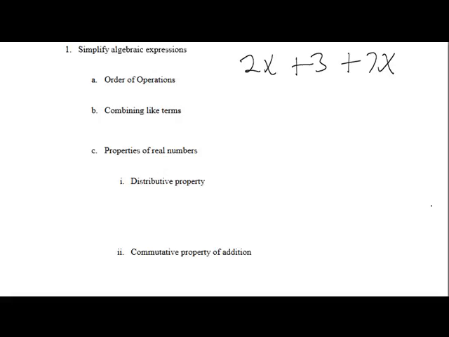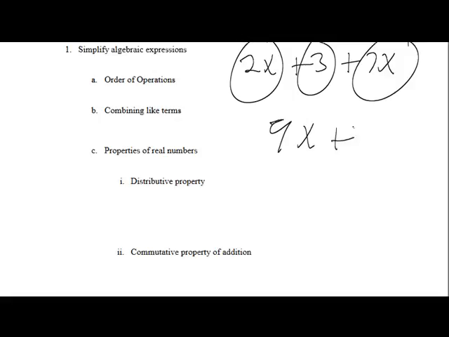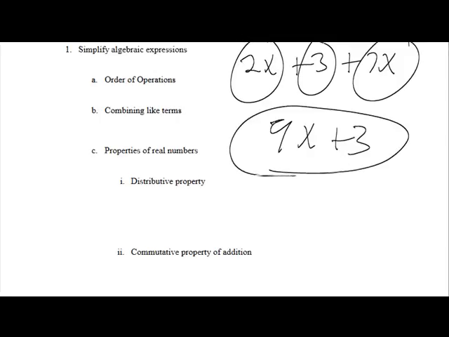It has three terms, three monomials: 2x, 3, and 7x. 2x and 7x are like terms because they have the same variable in them. So we can combine like terms and write this as 9x plus 3.